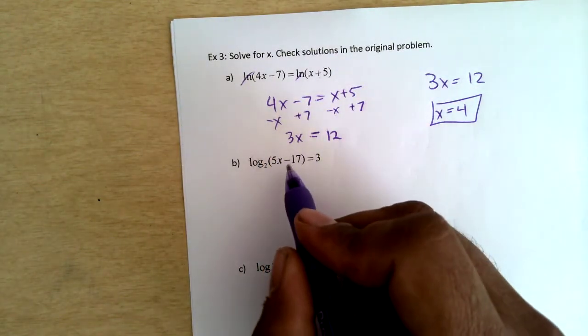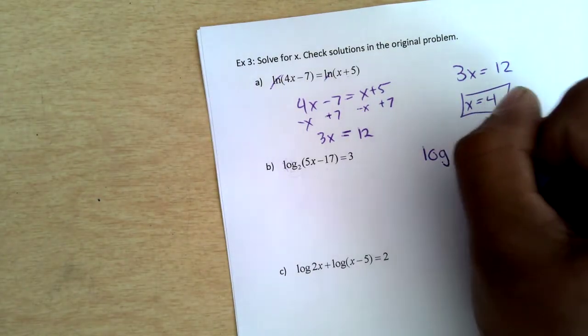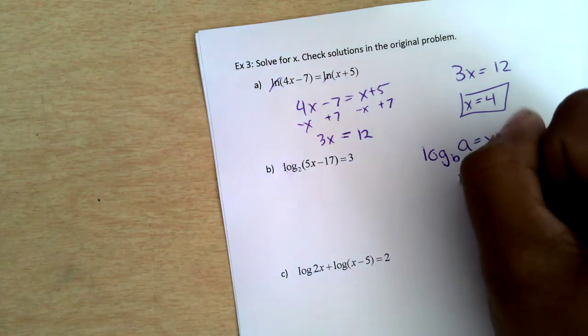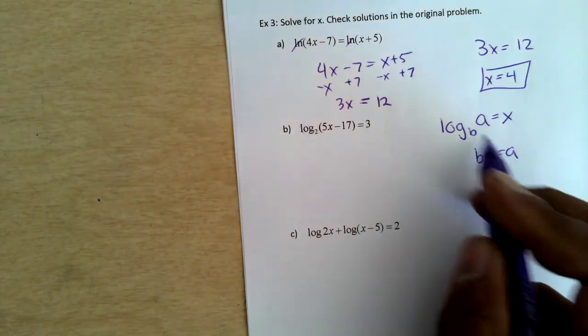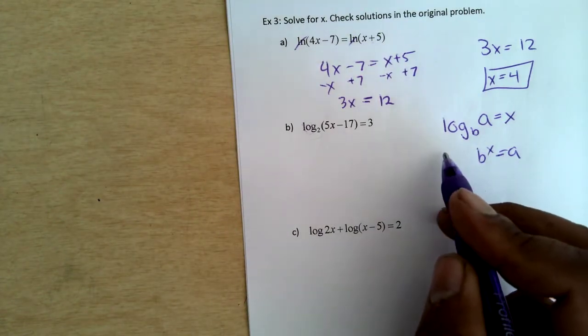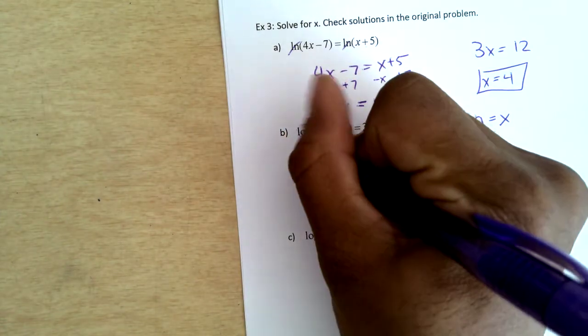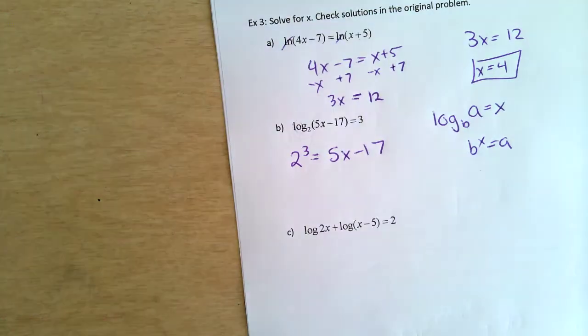But I can reformat this. I can rewrite just in the same way that we use like log base b of a equals x is the same as b to the x equals a. What's cool is that if I do that, my variables will be all isolated. So I'm going to call this 2 to the third equals 5x minus 17.